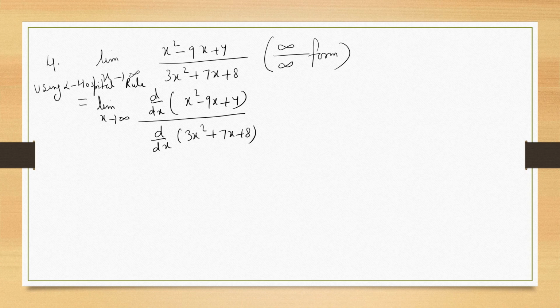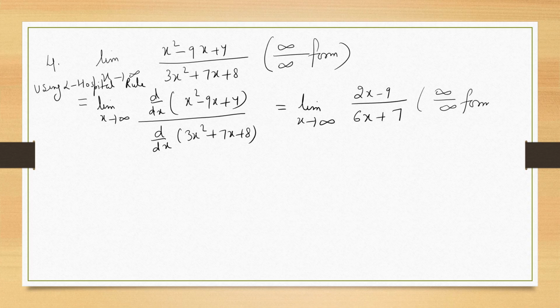So it changes to limit x approaches infinity, the derivative is 2x − 9, and here it is 6x + 7. Now see, can I put the limit? No. Why? Because infinity minus 9, and infinity plus 7, is again infinity. So again it is giving me an infinity by infinity form.